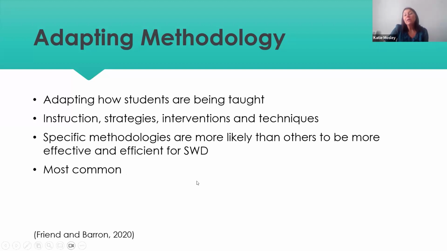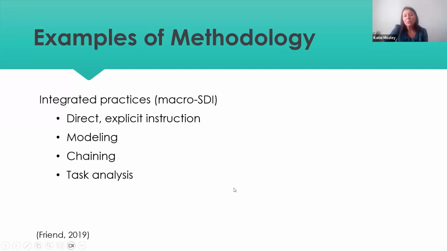And so this is the one that really should be most common. As we look at some examples, we're looking at direct instruction and explicit instruction. And those two have great effect size. We know that our students need direct and explicit instruction.